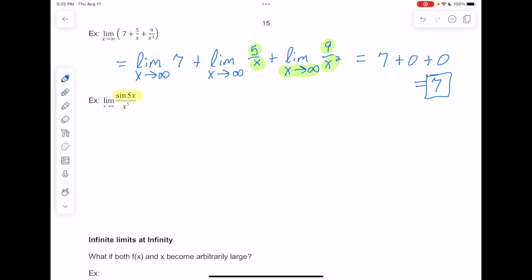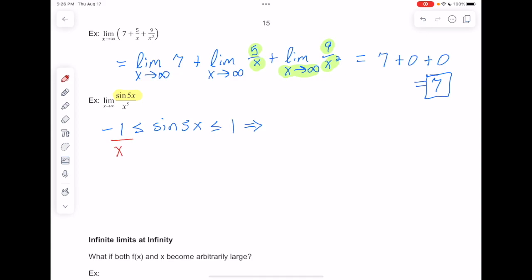So let's start off with something we know about trig functions, specifically about the sine function, that the value of sine of 5x is always going to be somewhere in between -1 and 1. And then x is going to infinity, which means that x is going to positive infinity. So that means we're thinking about positive values of x here. So I can divide all three parts of this by x to the fifth.